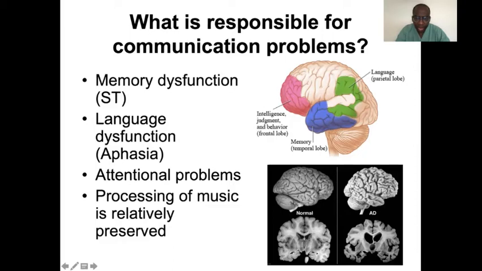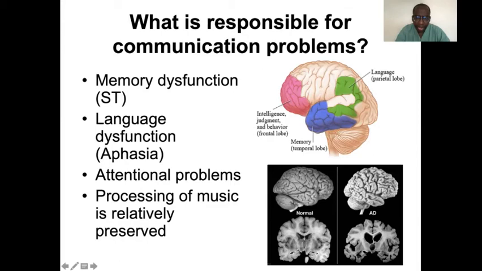Another place that is affected in Alzheimer's disease, shortly after the temporal lobe or the memory centers, are the frontal lobes, especially the areas that are responsible for our judgment and for our behavior. Again, this is why we start to see these behavioral problems with Alzheimer's disease.